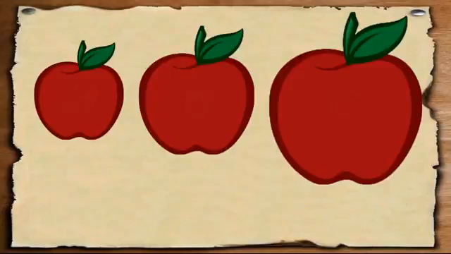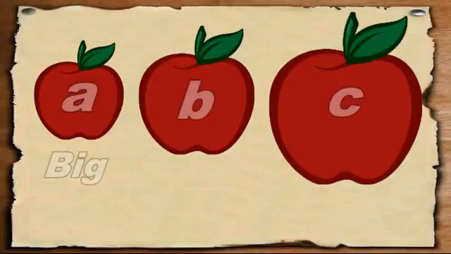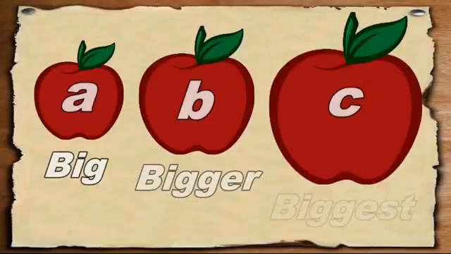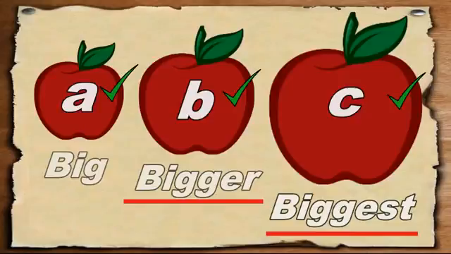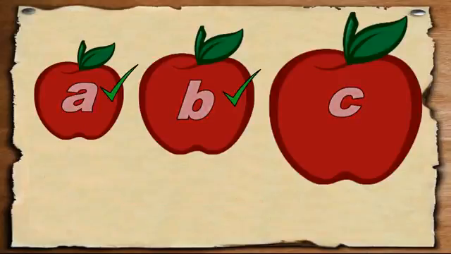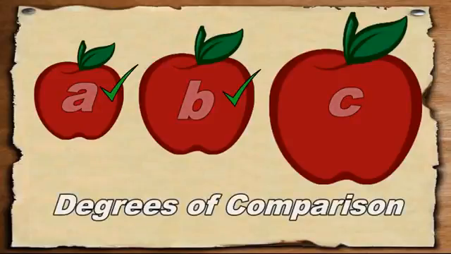For example, one might say apple A is big, apple B is bigger than apple A, and apple C is the biggest of all. As you see, the adjective used changes when one compares two and when one compares three or more.